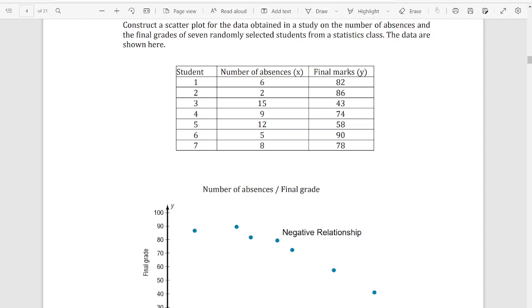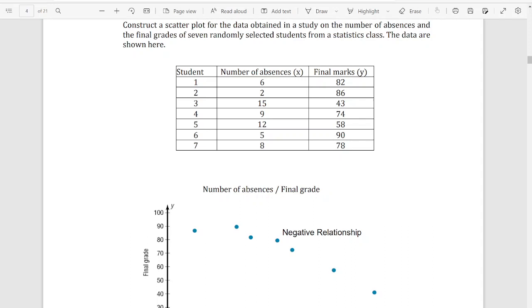So it says here, construct a scatter plot for the data obtained in a study on number of absences and the final grades of 7 randomly selected students from a statistics class. The data are shown below. So yang ni dia tengok, okay, berapa banyak absence pelajar tersebut, berapa banyak pelajar tersebut ponteng kelas dan berapakah markah yang dia dapat. Okay. So secara logik ni kita katakan apa?